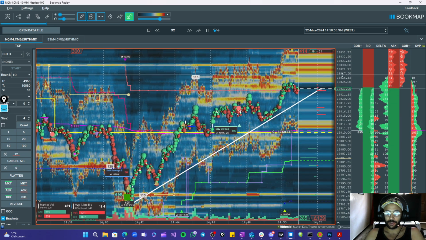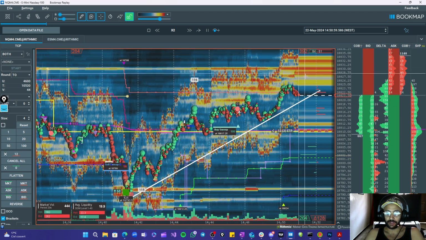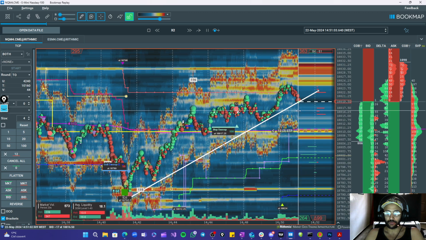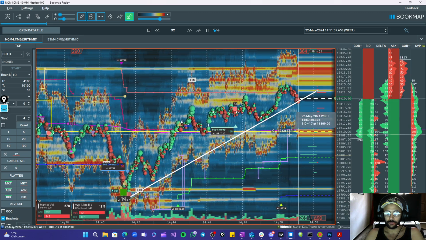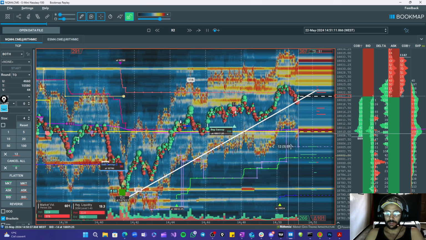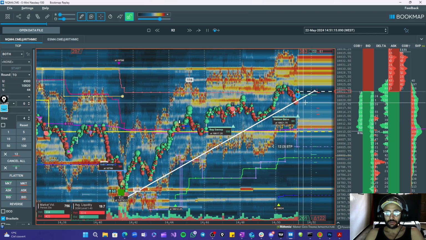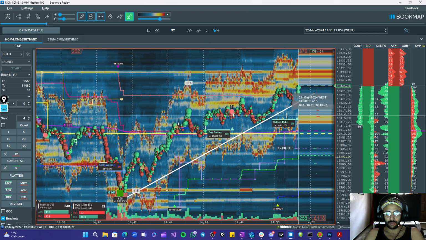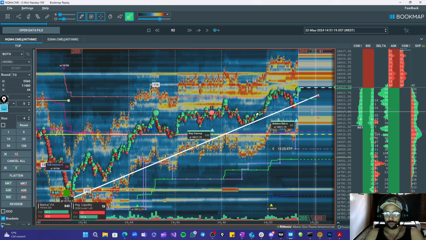We have a lot of liquidity over here, so it's sure that we will look for those levels. It's another good sign. Again, we had an iceberg execution over here. An aggressive buyer has executed the order book with 18 contracts.